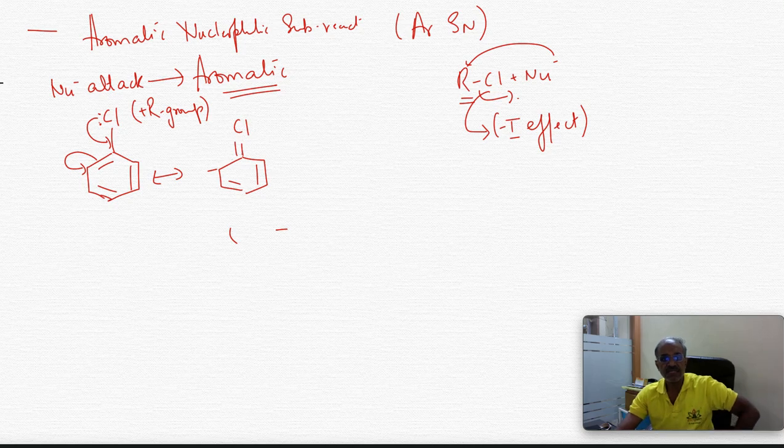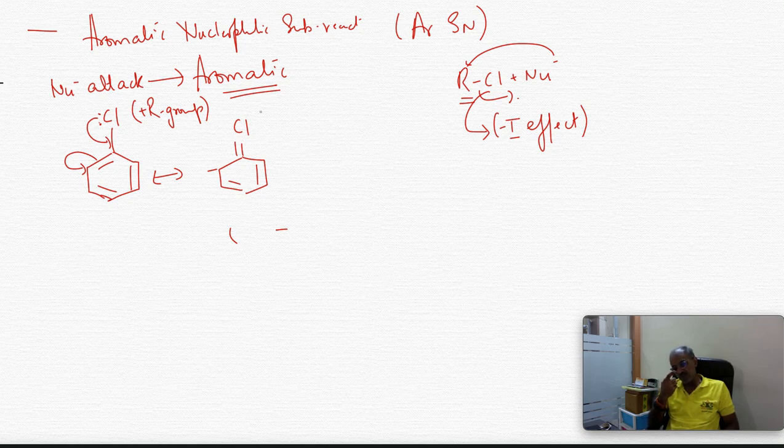That means there is a partial double bond always between the aromatic carbon atom and the chlorine. So due to the presence of this partial double bond character through the benzene, the leaving group is very firmly attached to the aromatic ring.